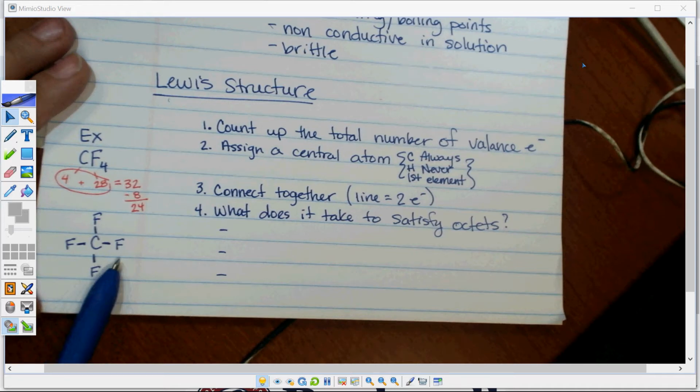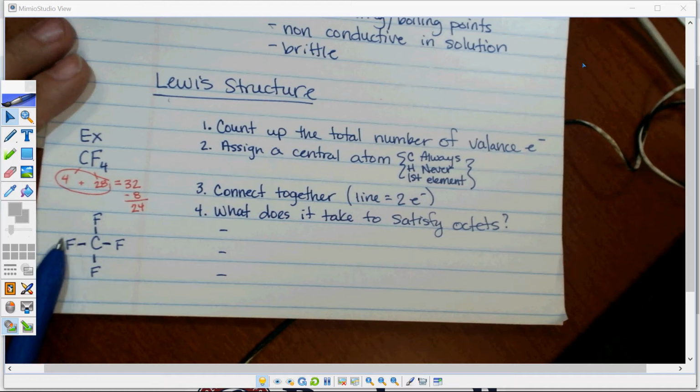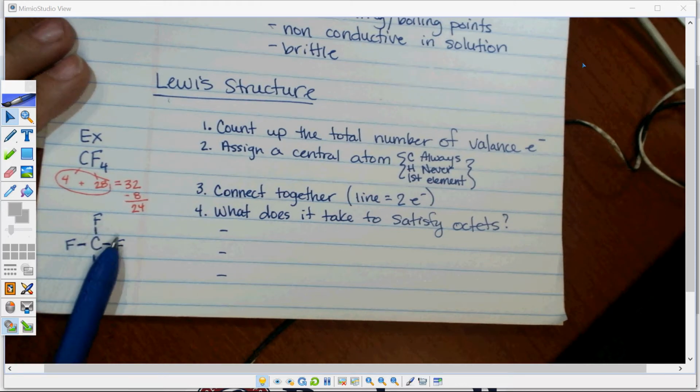And this fluorine, and this fluorine, and this fluorine also need 6 more to have a full octet. If they're sharing 2, they require 6 more. So if I got 4 fluorines that all need 6 more electrons, that means I need to apply 24 more electrons to give these fluorines the full 8 that they need.